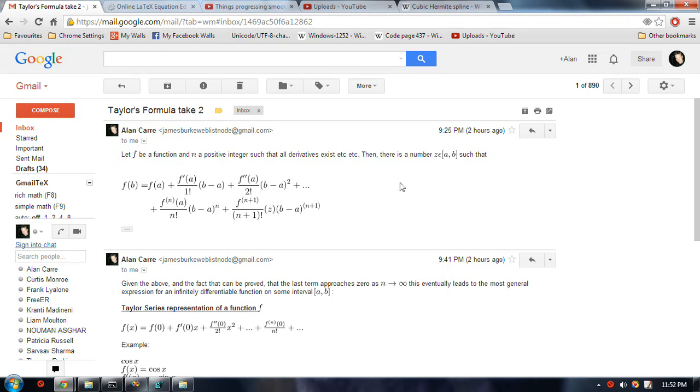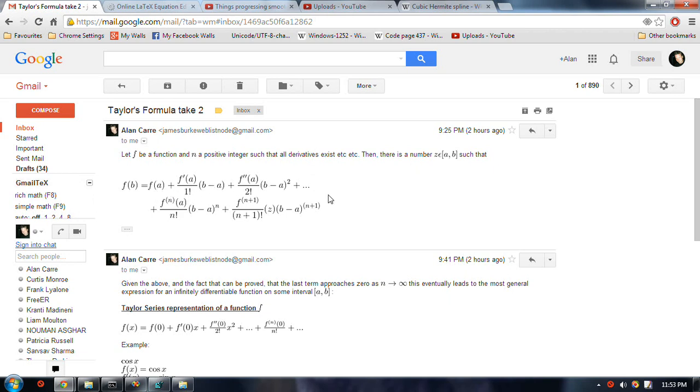In particular, if a happens to be 0, if it's possible, sometimes you can't, like log x wouldn't work. You can express log x in this manner, you just can't use 0 for a.